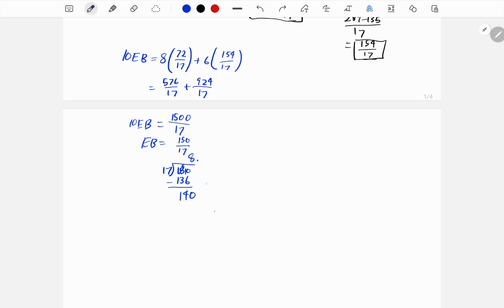And so doing a quick check shows this to be true. This is 8.8 something something. So EB is equal to 8.8 something, which rounded to the nearest integer will give 9. So the answer to this problem is EB is equal to 9 rounded off to the nearest integer.